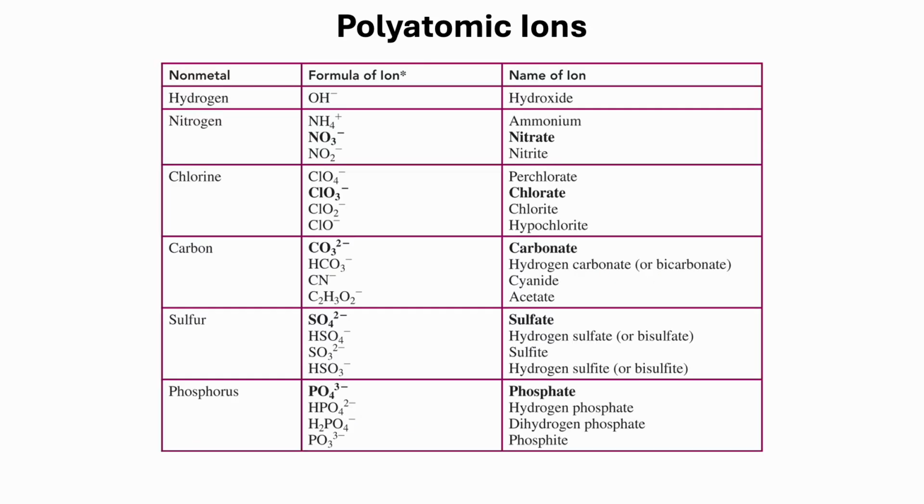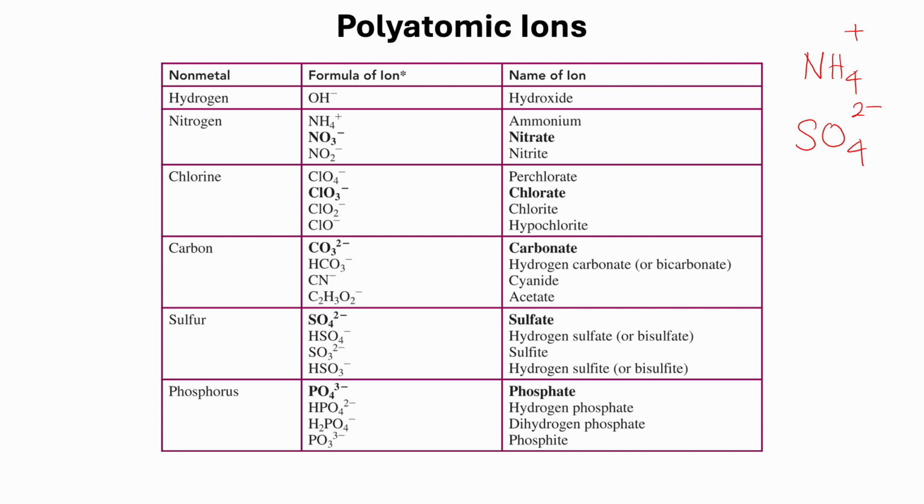Polyatomic ions. Polyatomic ions are charged groups of atoms bonded together that act as a single ion. They can be positive like ammonium, a nitrogen containing polyatomic ion which has a positive 1 charge, or negative like sulfate, SO4, a sulfur containing polyatomic ion which has a 2 negative charge.